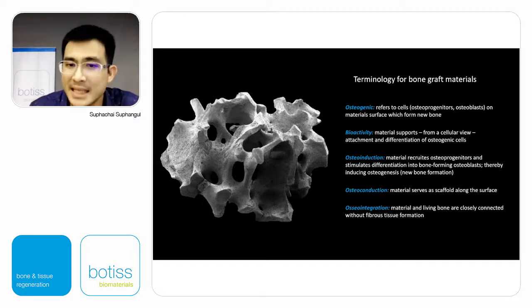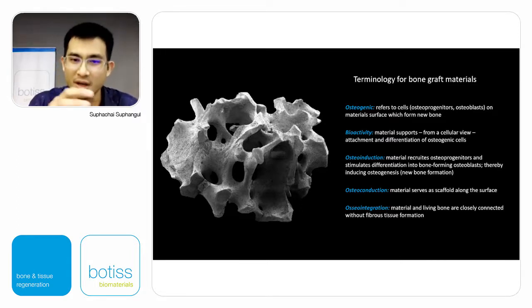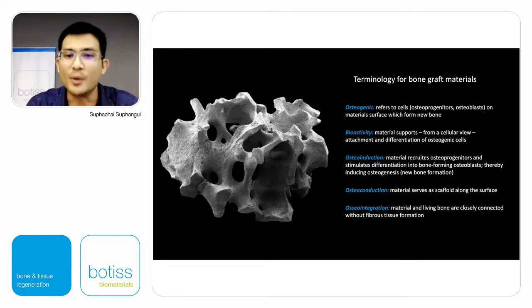But in almost all cases, almost all graft materials have osteoconduction. That means the bone graft itself is a scaffold for osteoblasts and osteoclasts to work on and build up new bone, regenerating new bone on the bone graft.